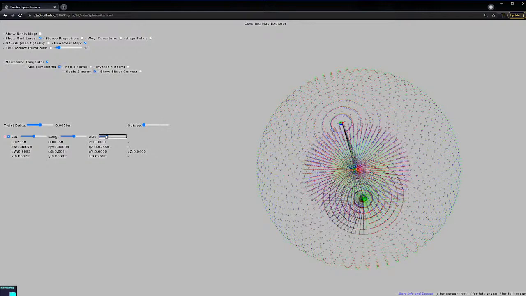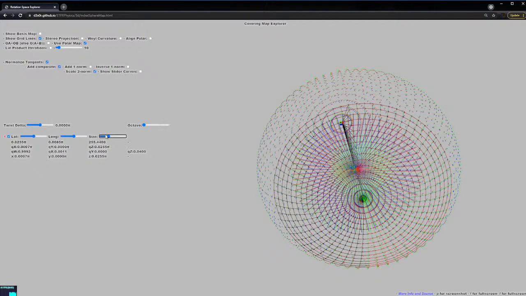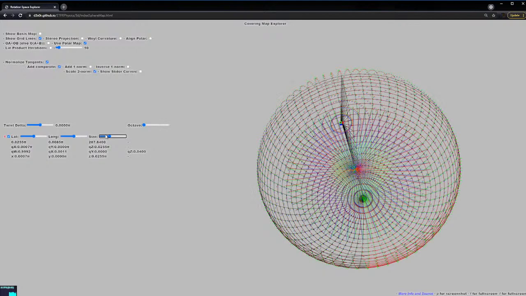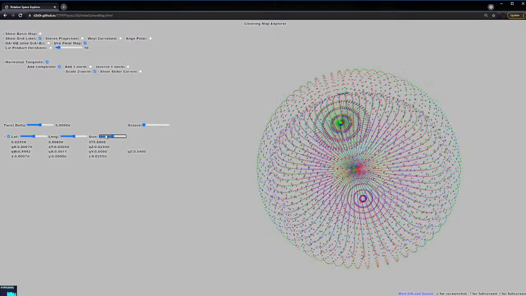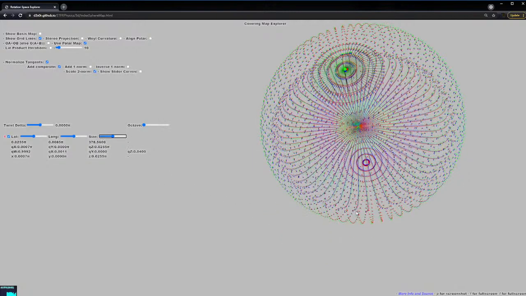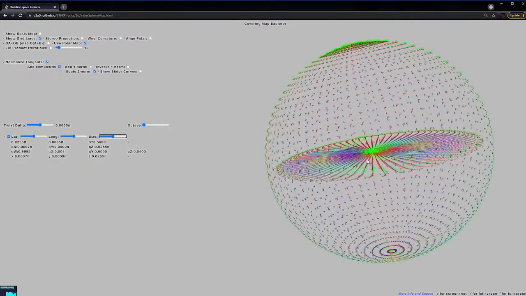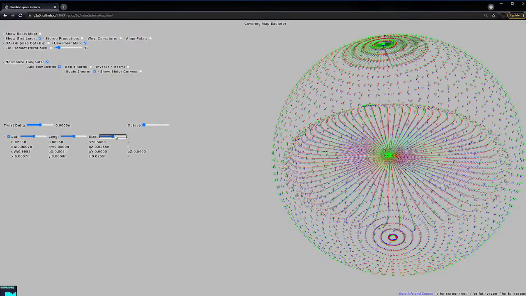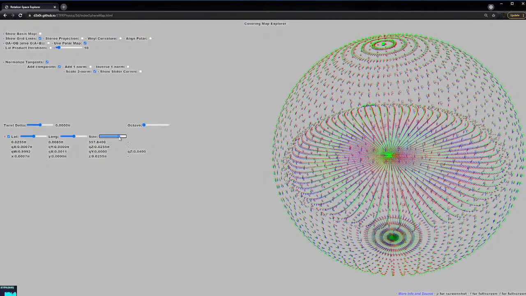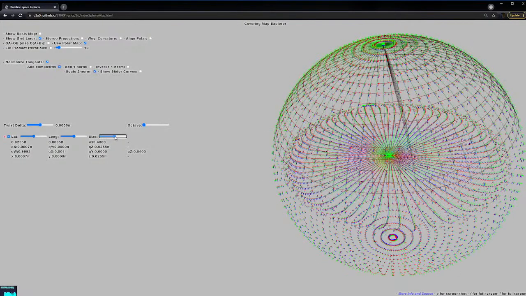And then past 180 degrees, it keeps going out to 2 pi. And then it's still not coming back along its original path. Maybe it does.